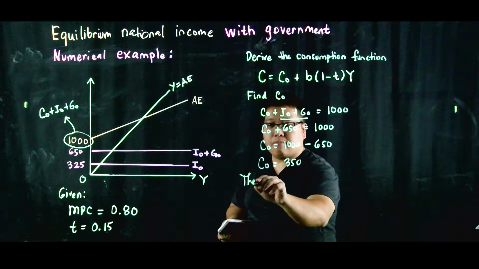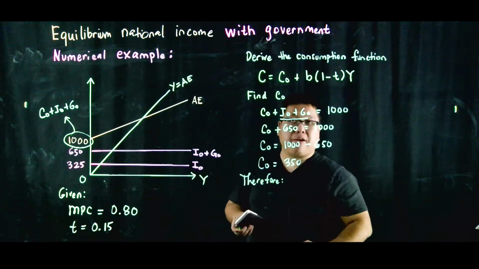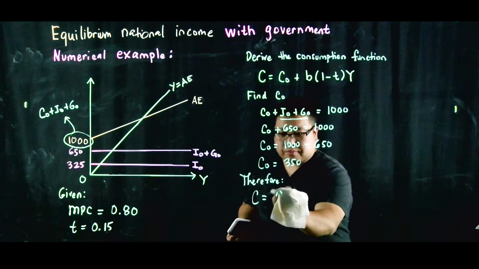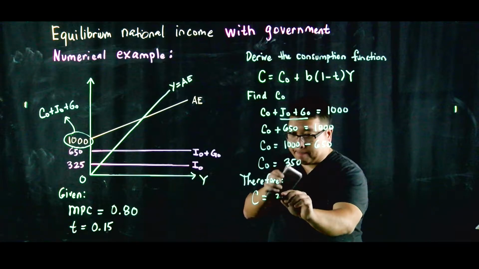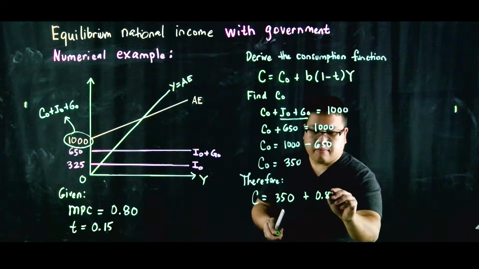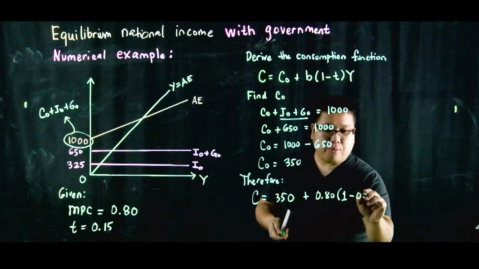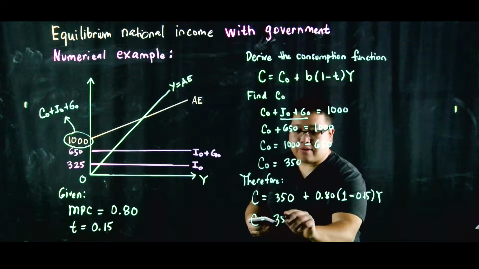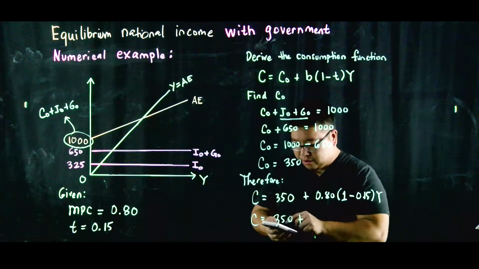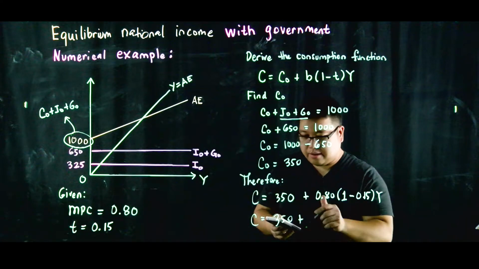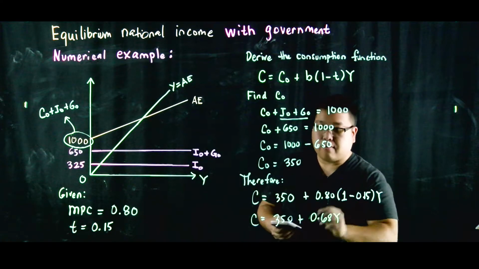Therefore, our aggregate consumption function can be written as follows: C equals 350 plus 0.8 times (1 minus 0.15) y, or C equals 350 plus, 1 minus 0.15 times 0.8, you have 0.68 y.